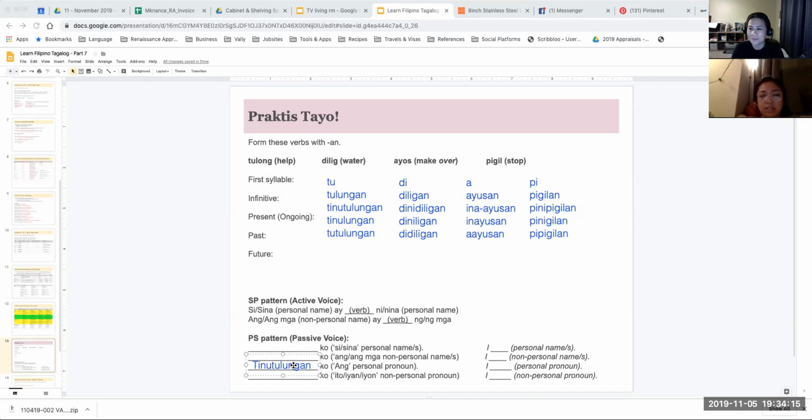That's right. Sila is the ang personal pronoun, so you don't need ang because it's a pronoun. It just means that that's part of the ang group, the ang personal pronoun. Tinutulungan ko sila. Very good.